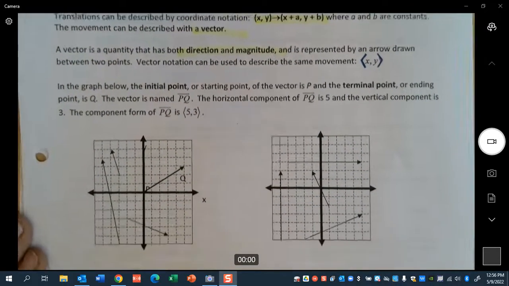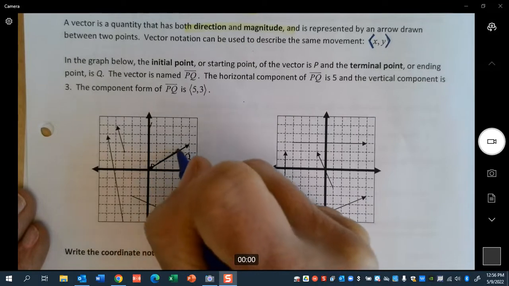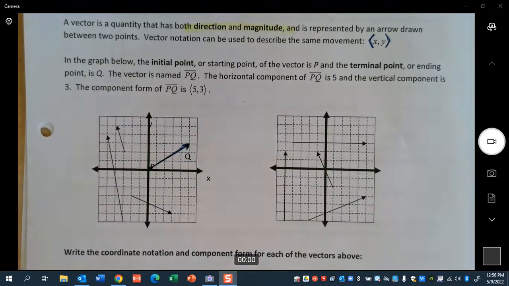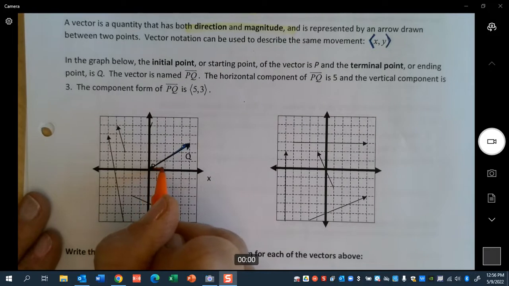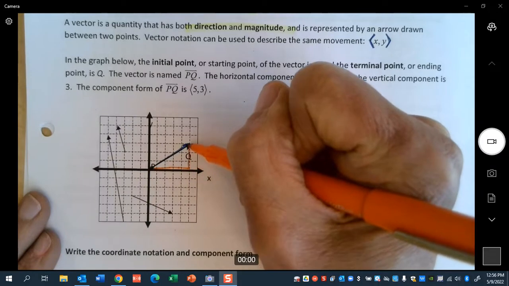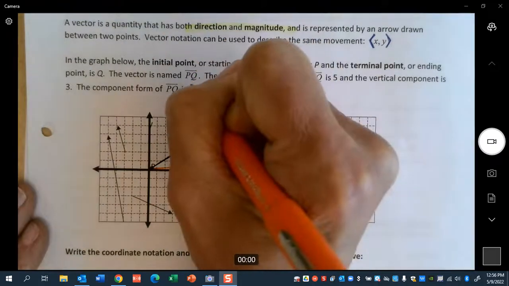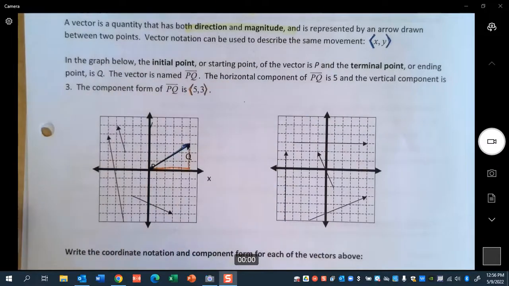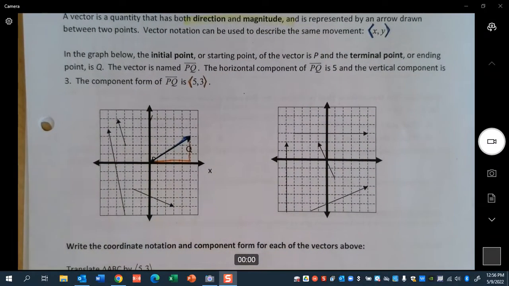So if I'm talking about this vector here, PQ, my horizontal component of PQ is 1, 2, 3, 4, 5. My vertical is 1, 2, 3. So when I represent PQ as <5, 3>, I know that my endpoint is going to be 5 units horizontally, 3 units vertically away from that start point.